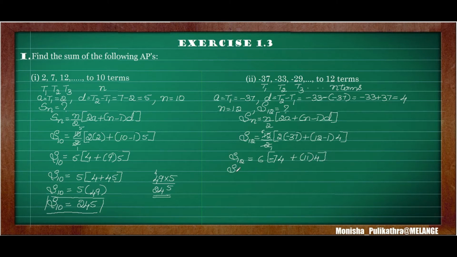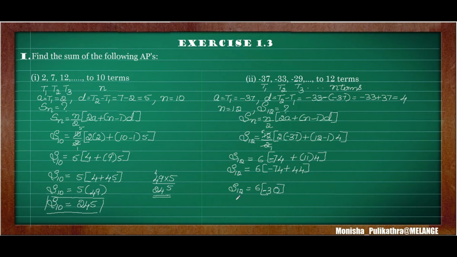Next S12 is equal to 6 into minus 74 plus 11 fours are 44. So S12 is equal to 6 into, minus into plus is minus, we need to subtract it, so it will become 74 minus 44 is minus 30.